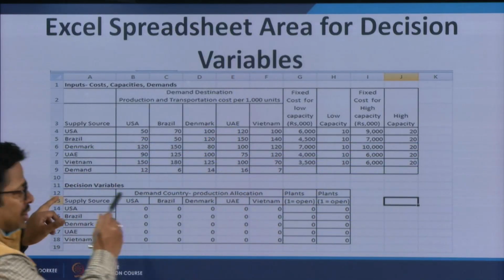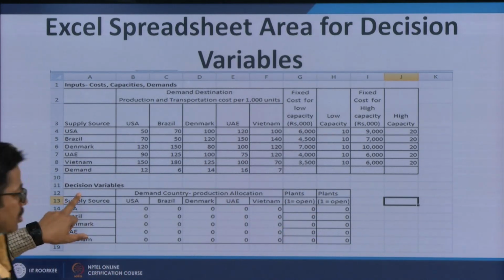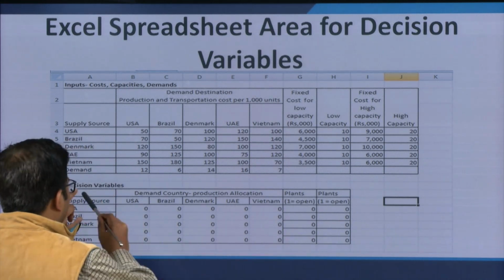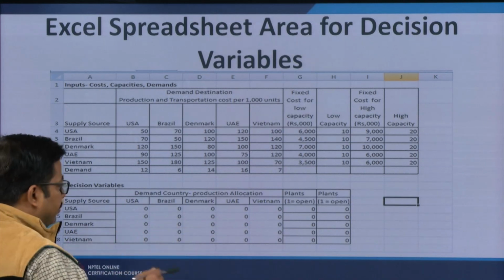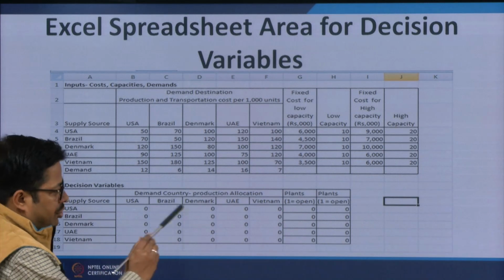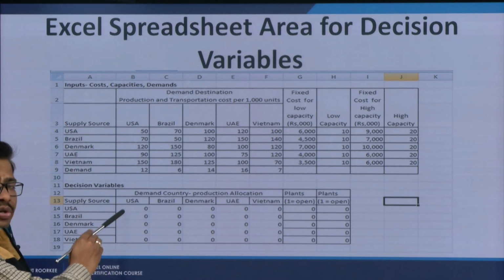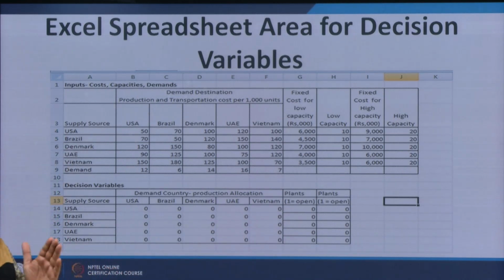So this portion of the spreadsheet, from A12 to H18, is basically the allocation of those decision variables, and you can see this table, where initially I have kept everything 0. All these 0 values are given by us. 0 means, to begin with, no quantity is supplied from a particular source to a particular destination.